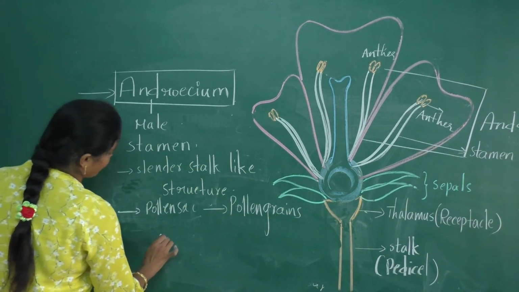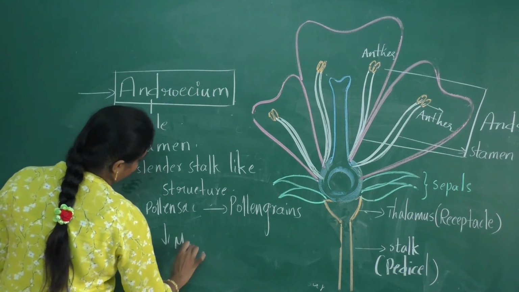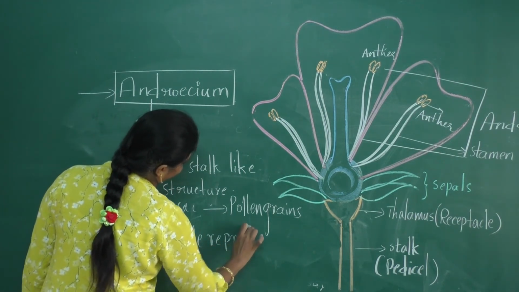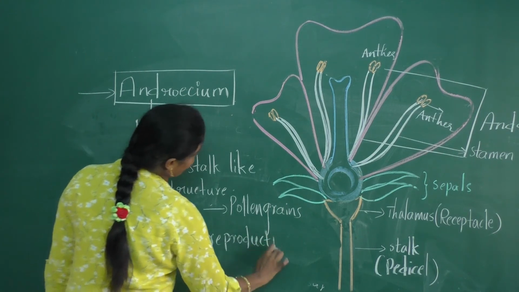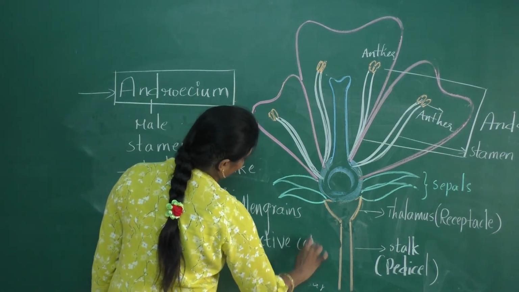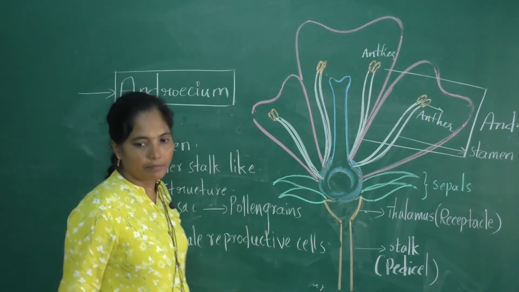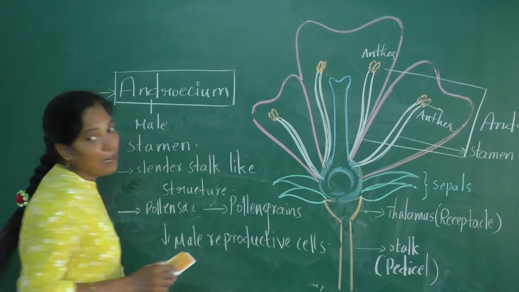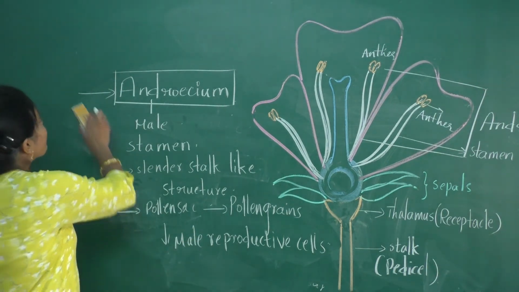These pollen grains are the male reproductive cells. So, I think you understood the androecium.